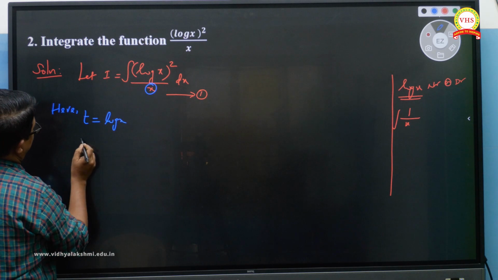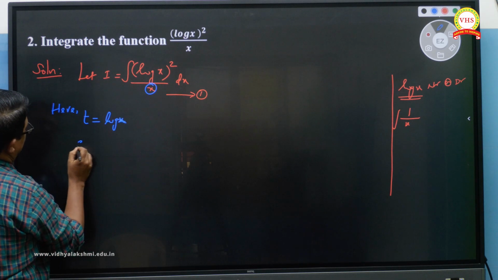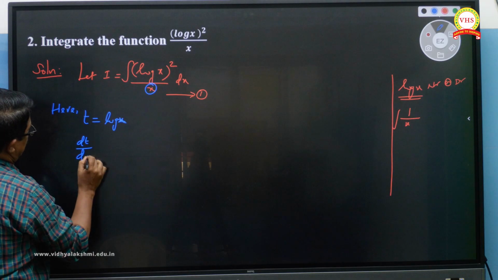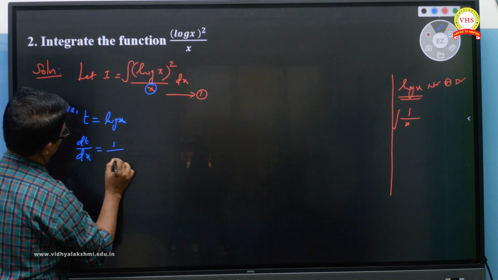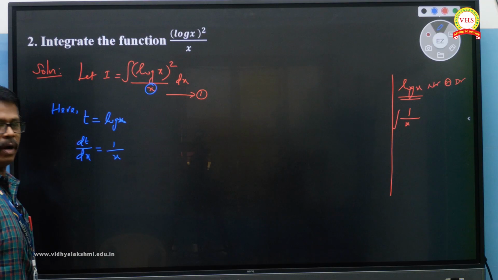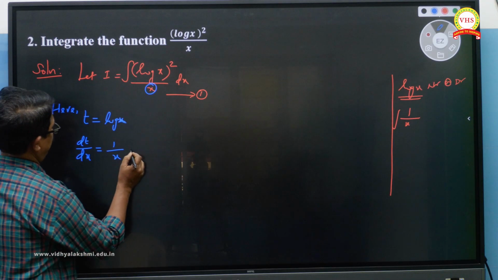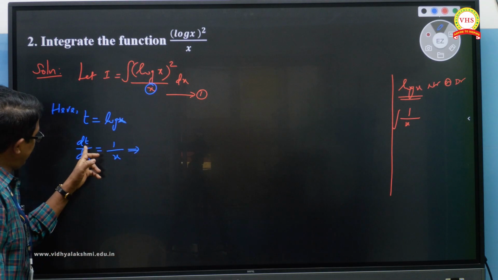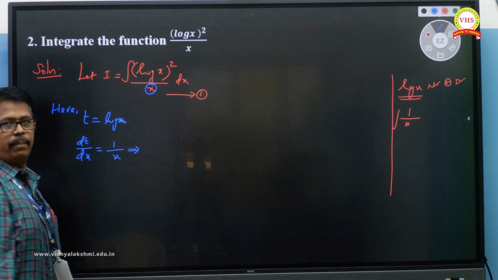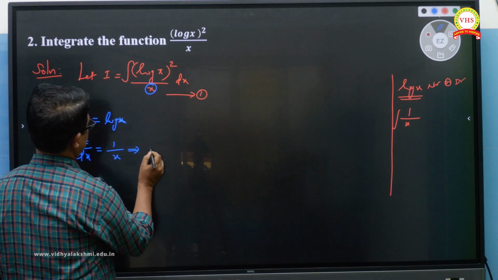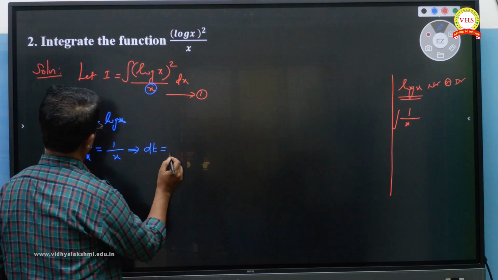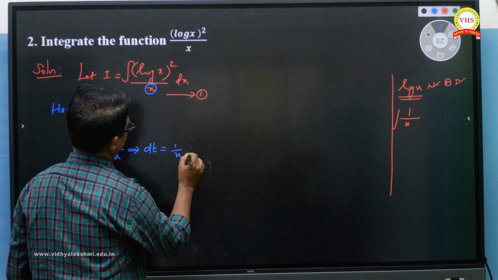Differentiating with respect to x, we write dt divided by dx equals 1 by x, since the derivative of log x is 1 by x. Now we find dx. We need only the independent variable in terms of t. That means dt equals 1 by x into dx.